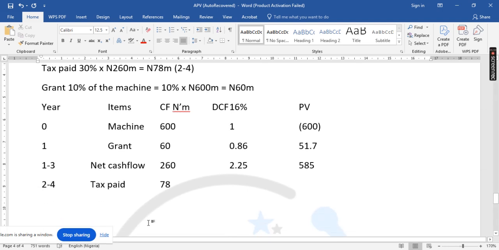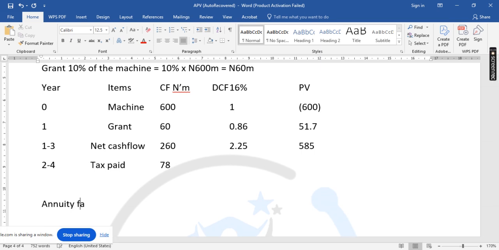So how do we get the DCF? Now, this is where the problem is, right? For you to get the DCF, first, let's calculate the annuity factor from year 1 to year 4. That is the first thing you need to do.